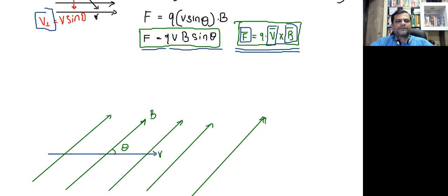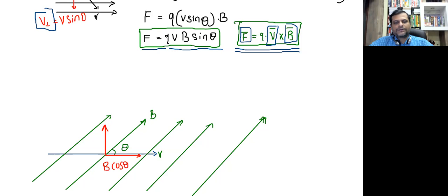That means one of them is along the x axis, along the velocity, and the other component is in the perpendicular direction, in this direction, see. So these are the two components of the magnetic induction, out of which we can call the component along the velocity B cos theta. Correct, we can call this B cos theta.